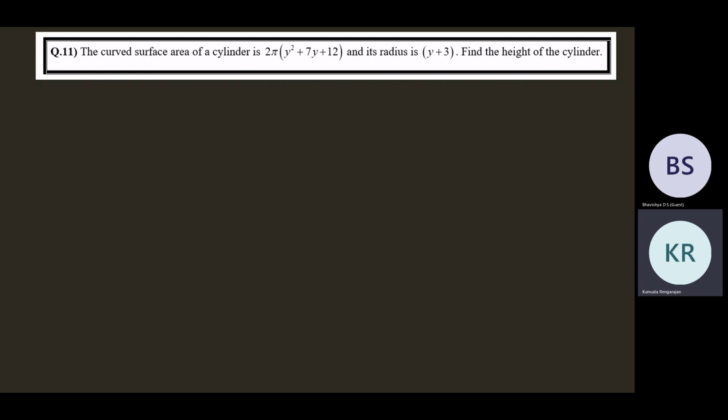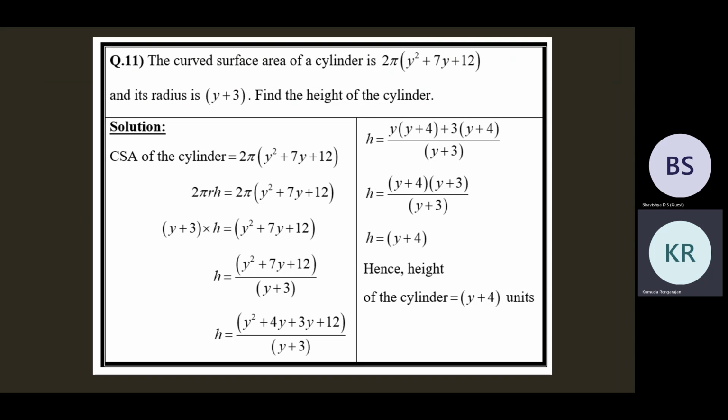So CSA is equal to 2 pi r h, 2 pi. R you have not substituted at all. Okay, so this is the answer, and you've got 8y. Okay, Bhavishya, for 3 marks, I'll just give you 1 because you've worked something which is not very clear. You get 1 on 3 for this.